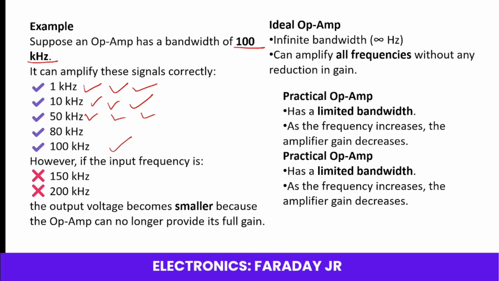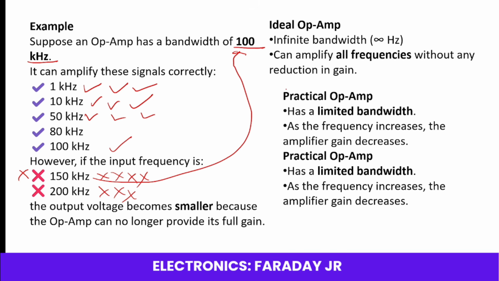However, if the input frequency is 150 kilohertz, which is higher than what we have specified, it cannot amplify it. Similarly, at 200 kilohertz it cannot amplify it. So the output voltage becomes smaller because the op-amp can no longer provide its full gain at that frequency.